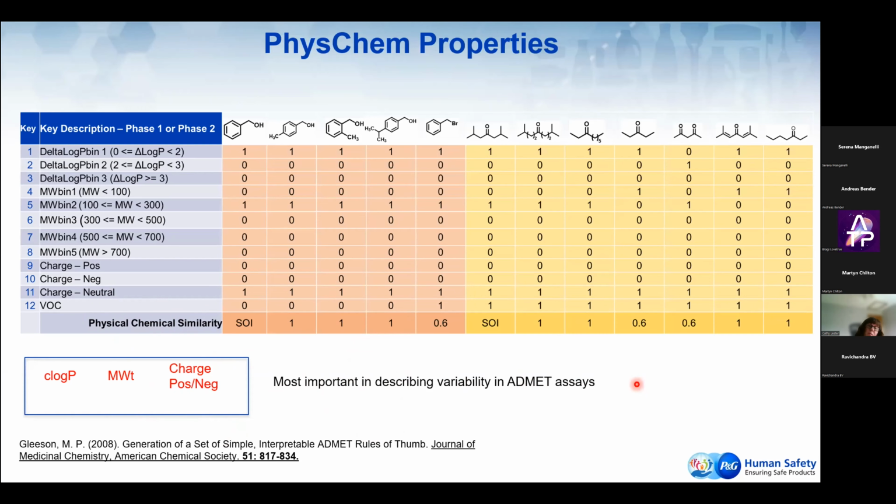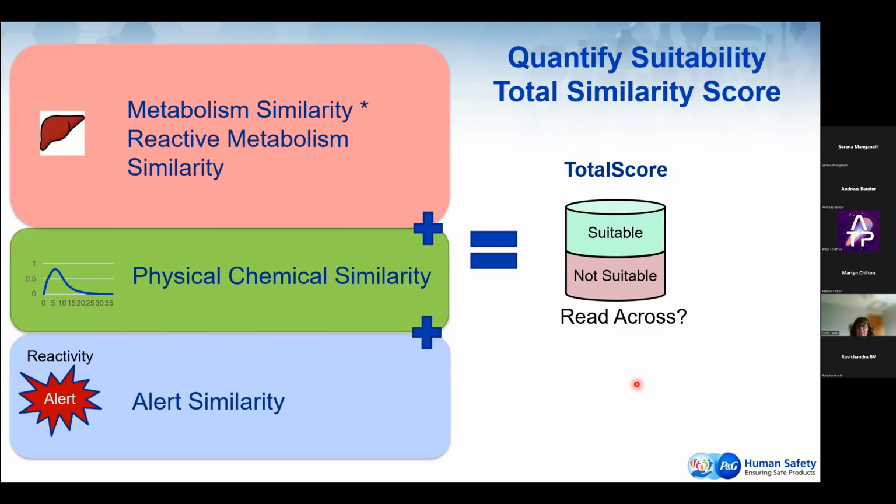So finally, when we put all of these together, if we just take the simple sum of all of these similarities, and our metabolism similarity, remember, is the product of metabolism similarity and reactive metabolism similarity, we actually come up with a total score that is indicative of the suitability for read across.